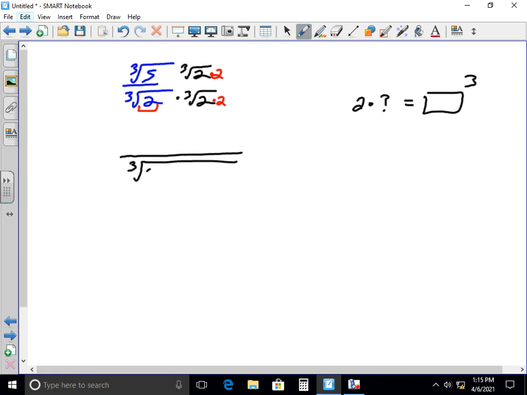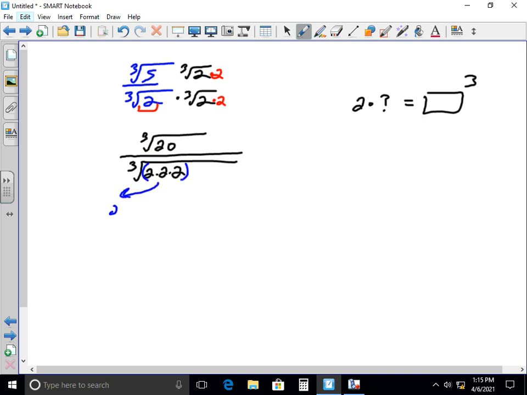So now we have 1, 2, 3 2's on bottom. On top, we don't have any factor 3 times. So nothing is going to come out on top. So we have 5 times 2 is 10, times 2 more is 20. And what can we pull out on bottom? 2. Yeah.